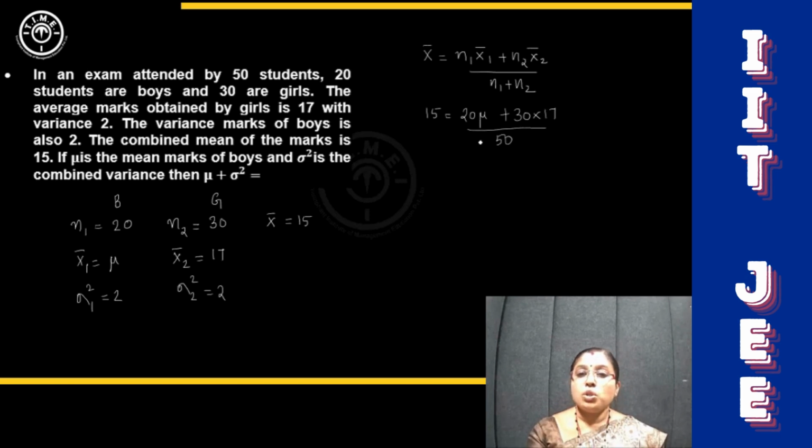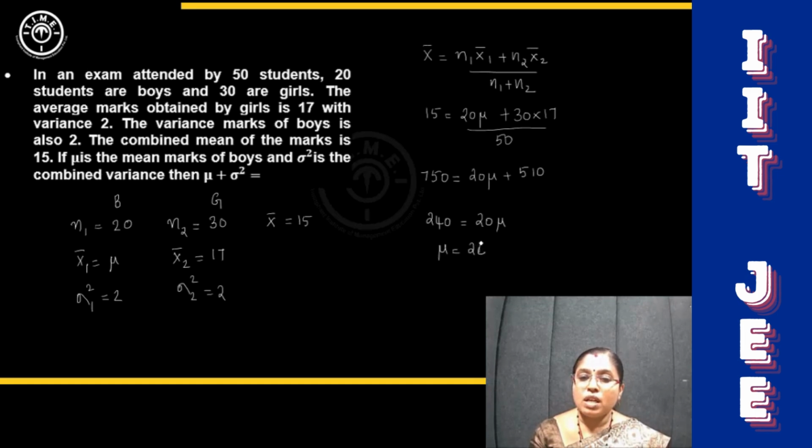So we are getting 15 into 50, that is 750, equal to 20 mu plus 510. So we have 750 minus 510, which is 240, equal to 20 mu. So the value of mu is 240 divided by 20, which is equal to 12. So we already got the mean for boys is 12.